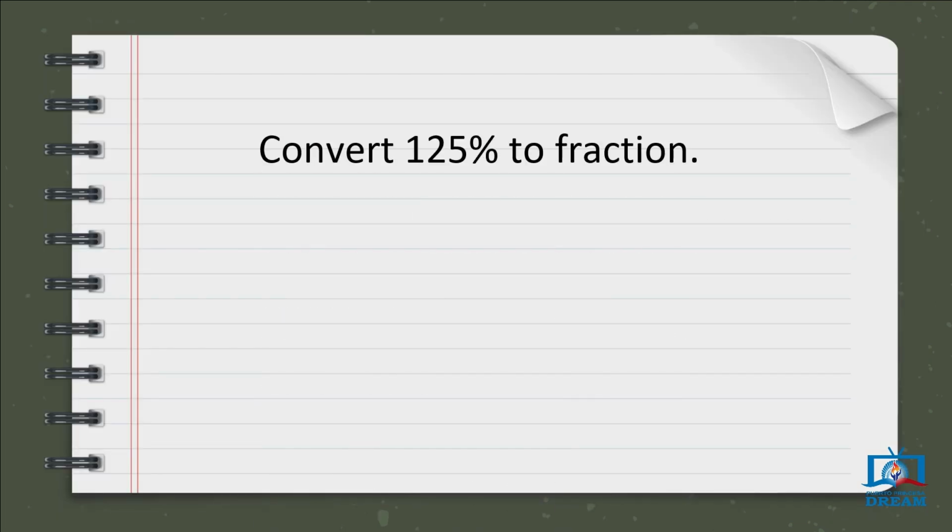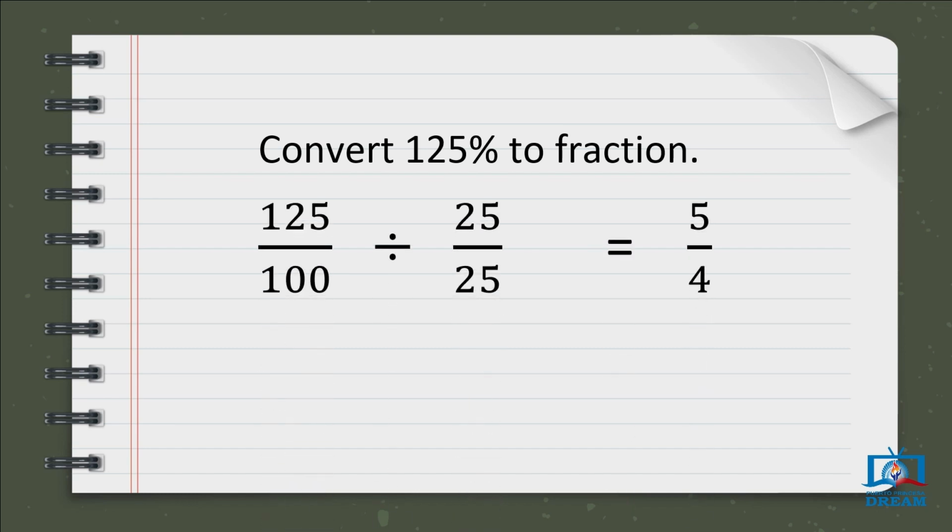Let us have another example. Convert 125% to fraction. Copy 125, drop the percent sign and divide it by 100. Now, let us simplify the fraction to its lowest term by dividing the numerator and denominator with their GCF, which is 25.